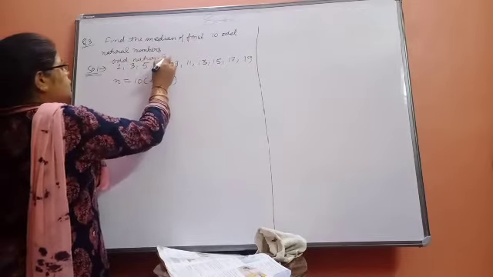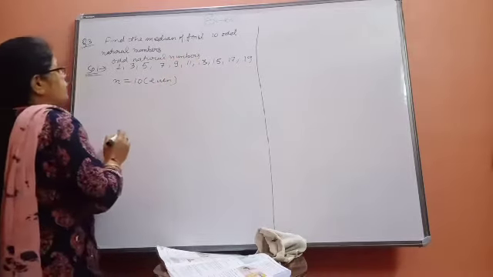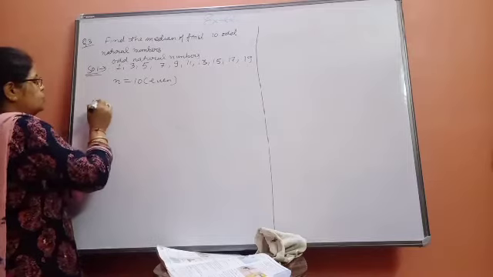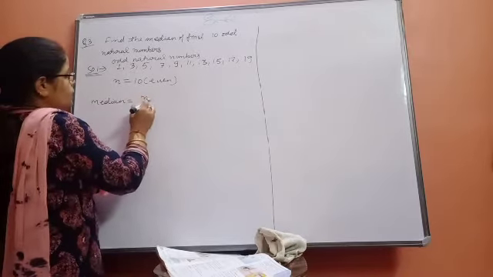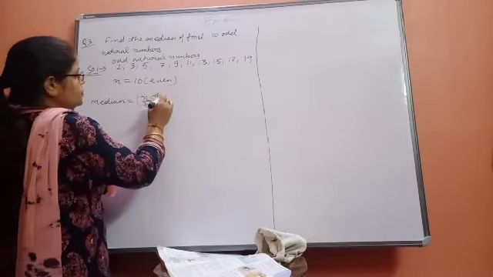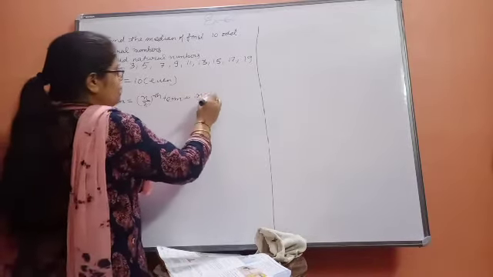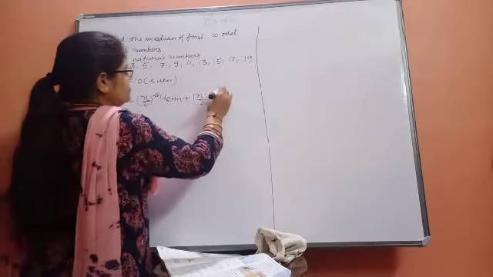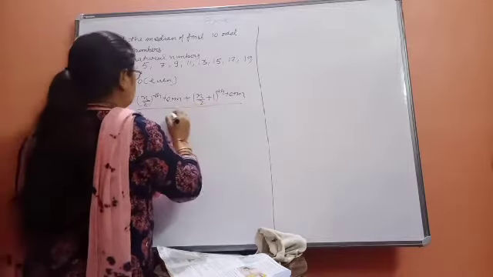Now median is equal to the n upon 2th term plus the n upon 2 plus 1th term, divided by 2.